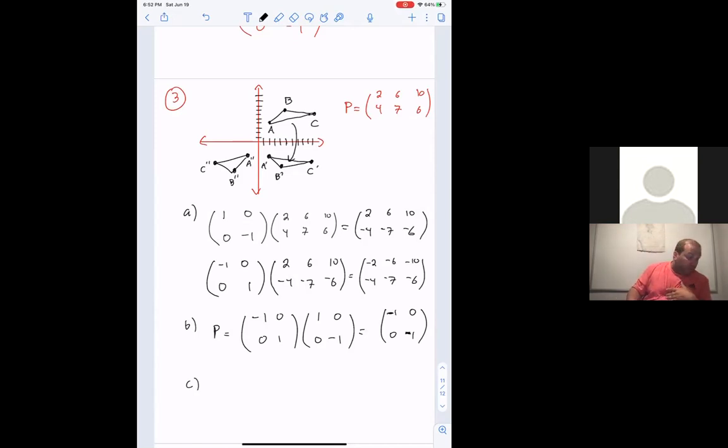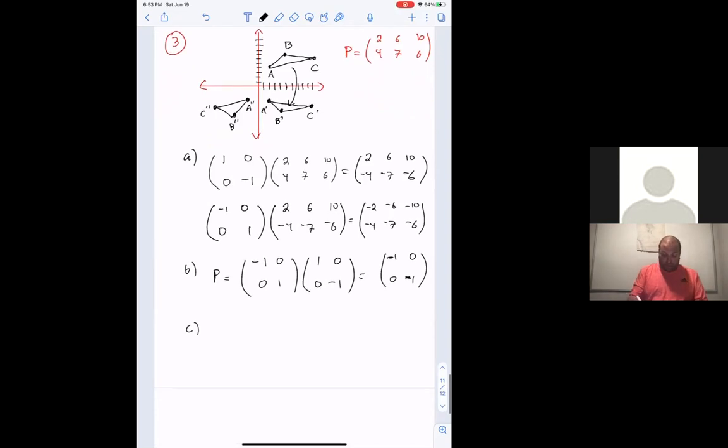C. Show that if the triangle ABC is reflected across the x-axis, then again across the x-axis, you get back what you started with. Well, it certainly makes sense, but let's do the math. If you reflect across the x-axis, which was 1, 0, 0, -1, and then again reflect across the x-axis, 1, 0, 0, -1, what do you get? You get 1, 0, 0, 1.